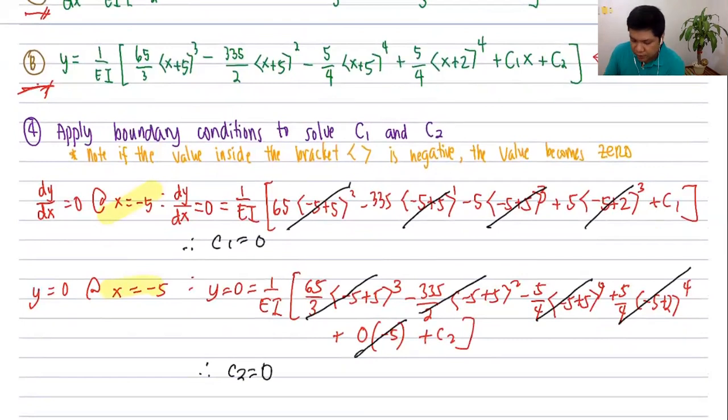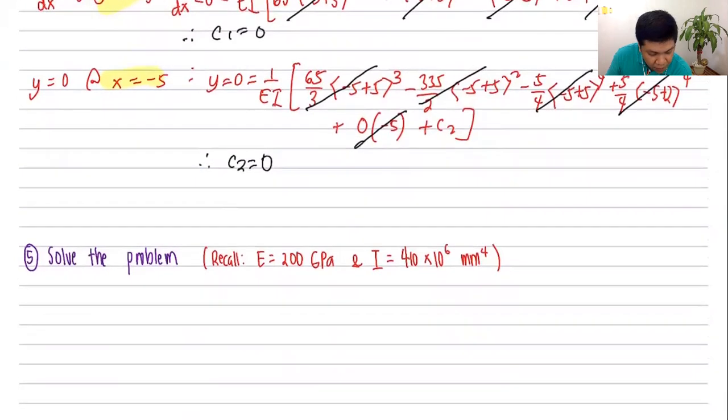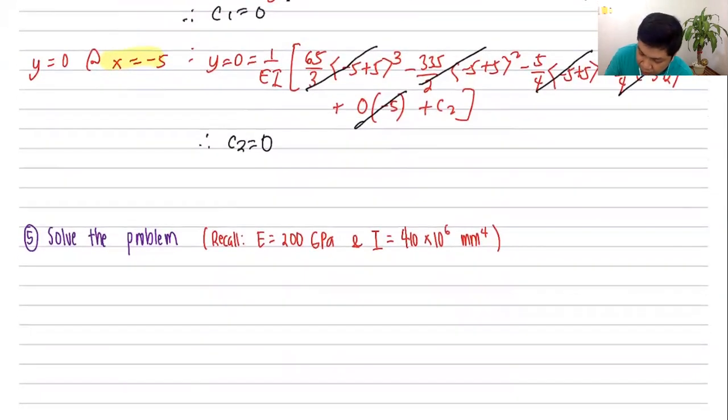Okay, now let's continue and solve the problem. I'm now solving what is y. So what is y at x equal to? Remember, I'm solving for the deflection at the free end. But in this scenario, my origin is also at C. Therefore, it's actually at x equals 0.